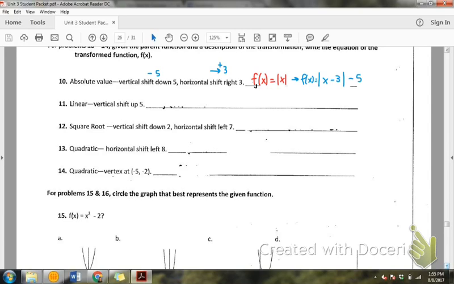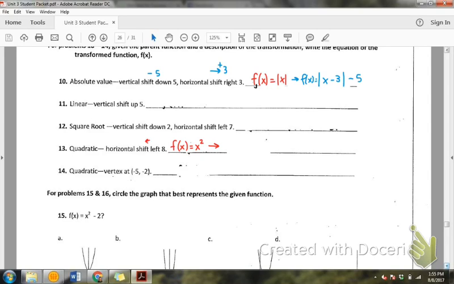Let's look at number 13. It says a quadratic. So go back and look if you can't remember. The graph is f of x equals x squared, right? That's the parent graph. So then it tells me you have a horizontal shift. Where does the horizontal shift go? Inside the parentheses or brackets or outside? Inside. And then it says to the left 8.